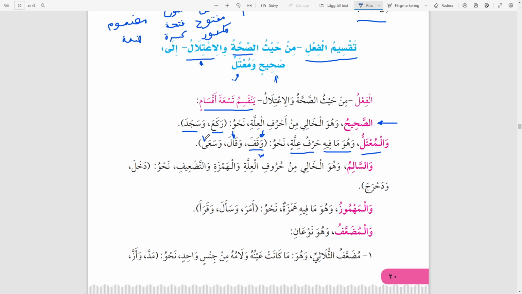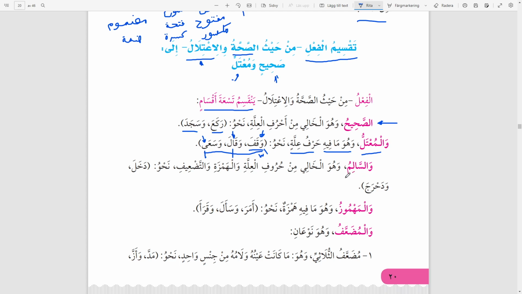And ساعة, that is alif مقصورة. It is commonly a form of ya. So these are flawed words because they have a flawed letter here and here.